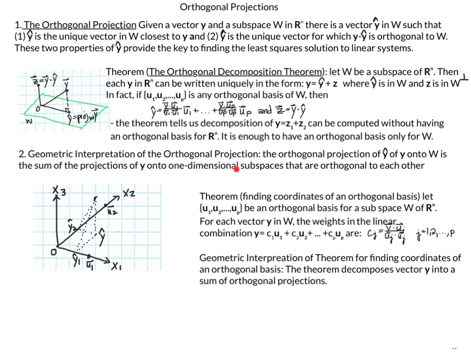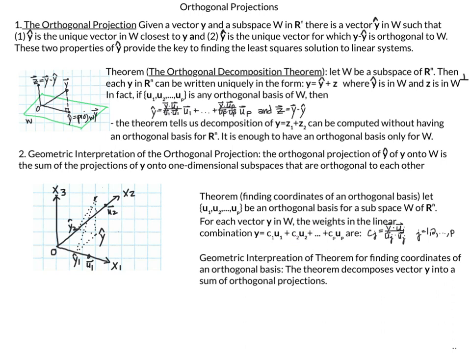And this geometric interpretation, I'm going to compare to the geometric interpretation we had in our last video when we found coordinates of an orthogonal basis. Remember, if we had a vector y and wrote y as a linear combination of an orthogonal basis, we could find each of these weights for each basis vector because they were orthogonal.